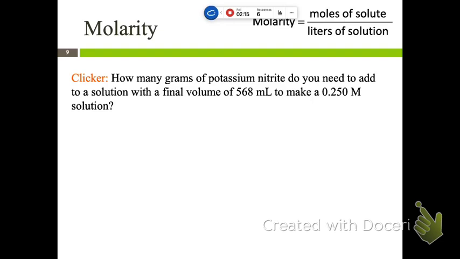So that's one conversion factor you have. So now think about what is your starting point, what do you want to end with, or what the other conversion factors might be.